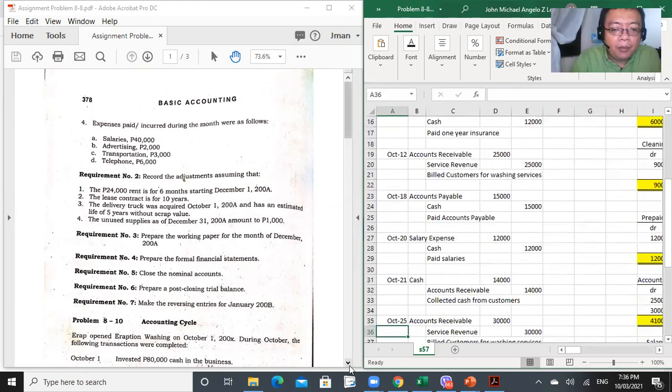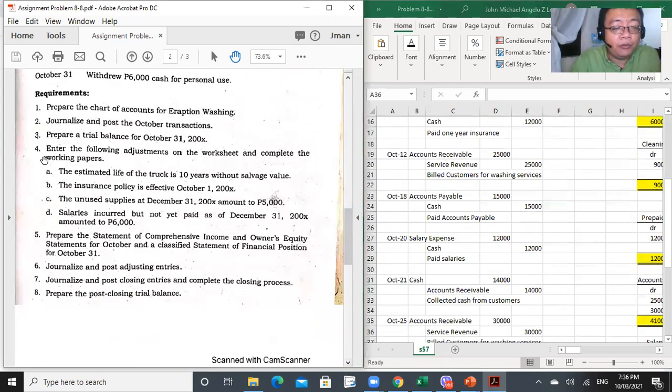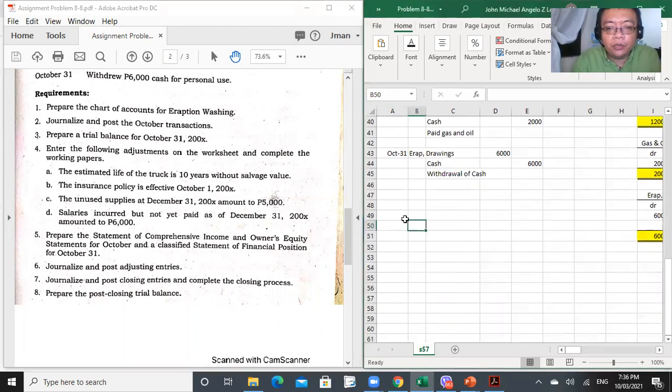So in terms of our problem here, the adjustment is on number 4. Number 4 is enter the following adjustment in the worksheet or in terms of the working papers.